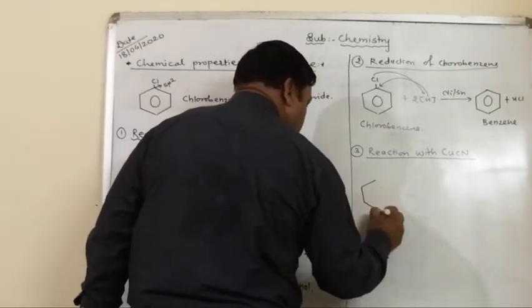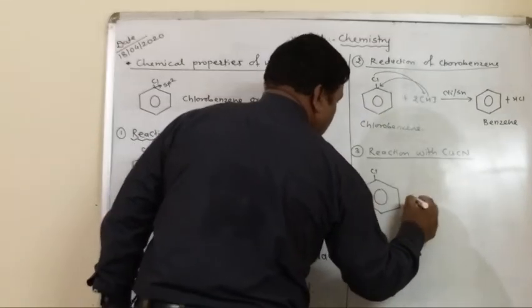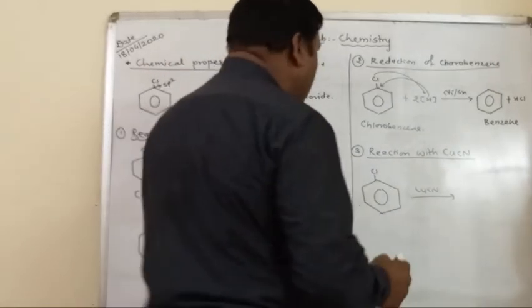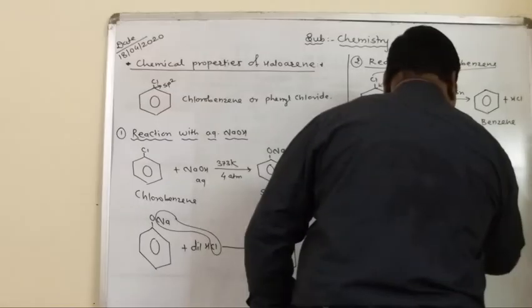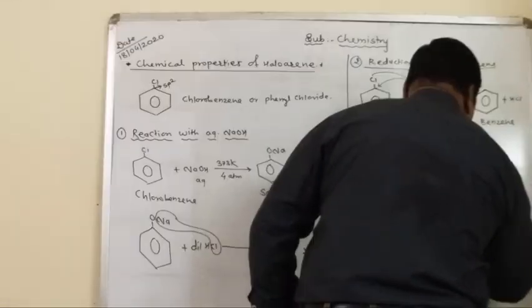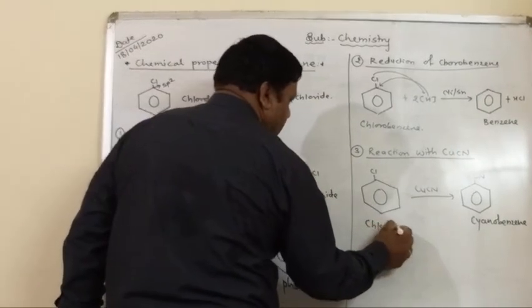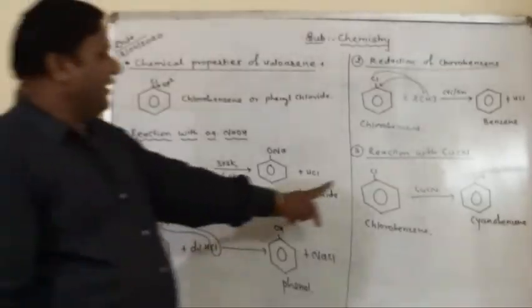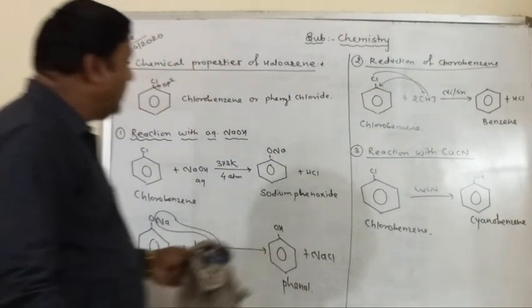When this chlorobenzene reacts with CuCN, you will get cyanobenzene. Understood? So chlorobenzene reacts with copper cyanide to give cyanobenzene. Is it clear?